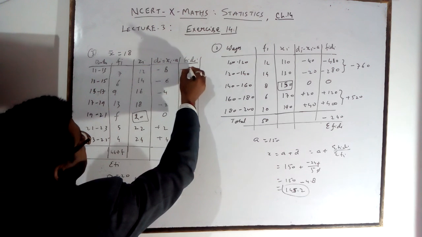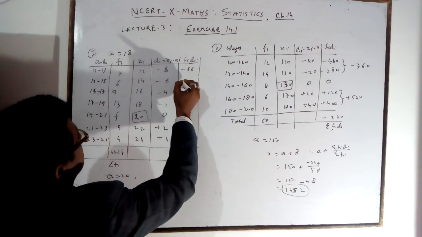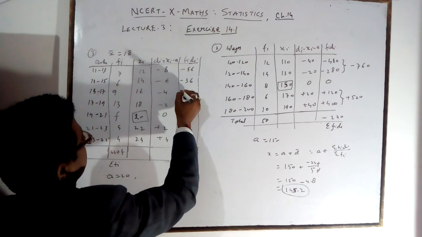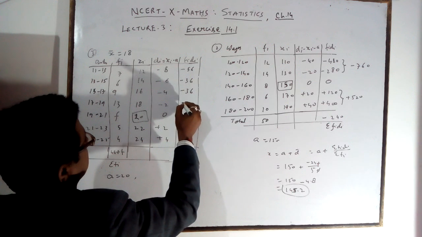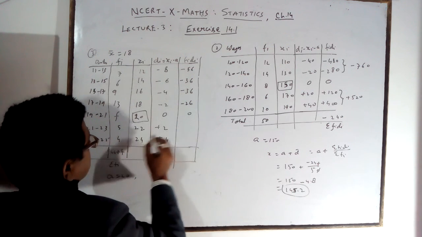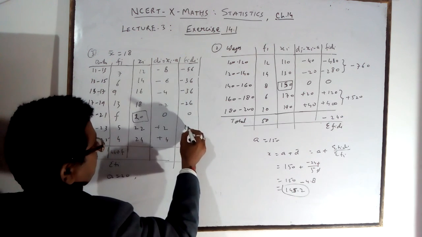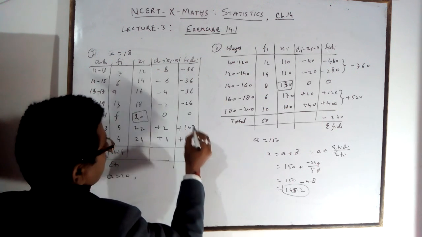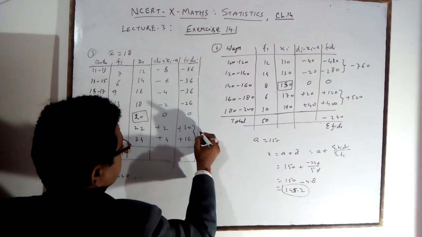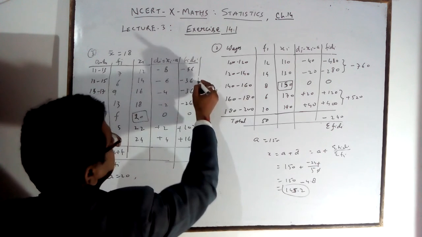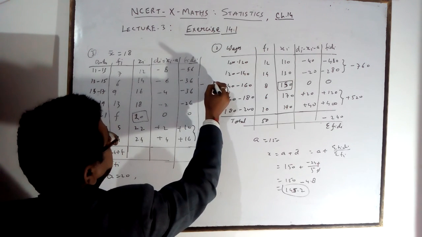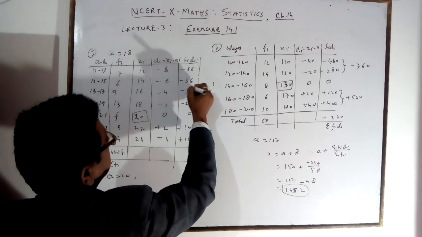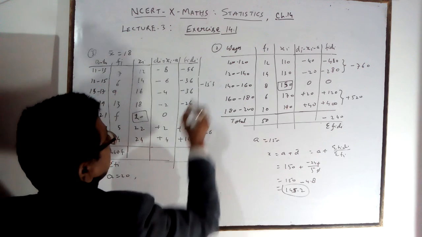8 7s are 56, 6 6s are 36, 9 4s are 36, 13 2s are 26. Here 5 2s are 10 and 4 4s are 16. So what are you getting here? Plus 26, and here minus 154.